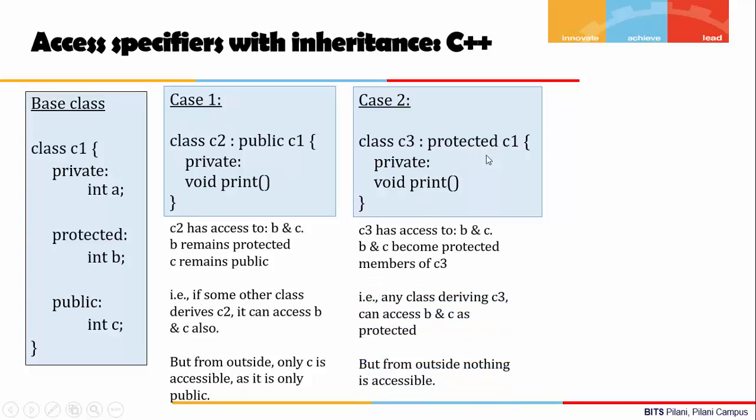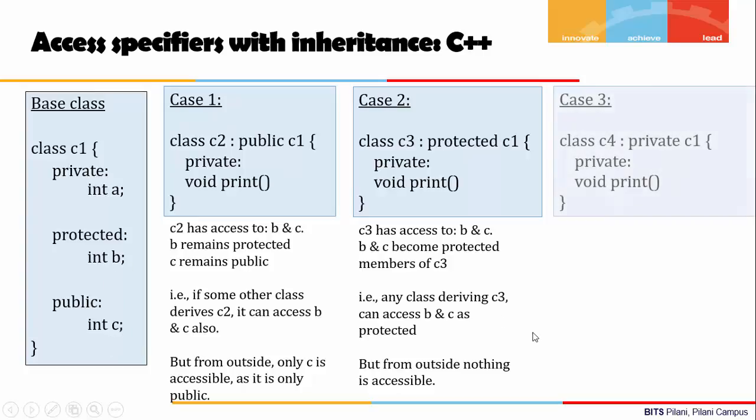So here C3 has access to B and C. Again we have access to B and C. That is, any class deriving C3 can access B and C as protected. But since it is a protected inheritance, only this derived class can access these two members. Any external cannot access any of these variables.